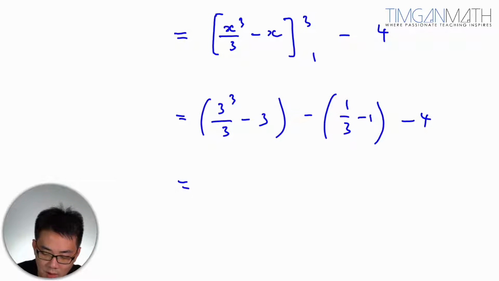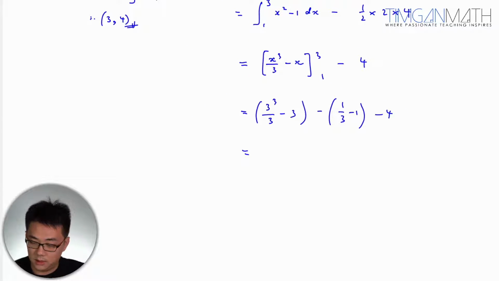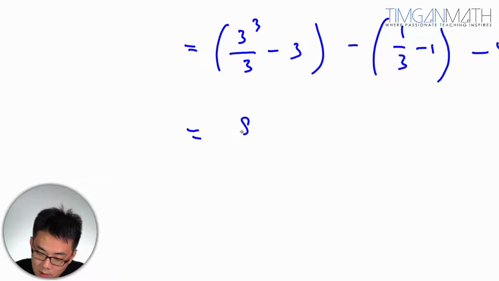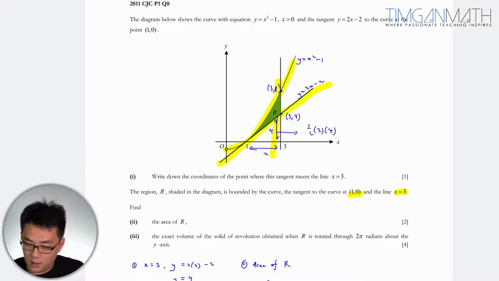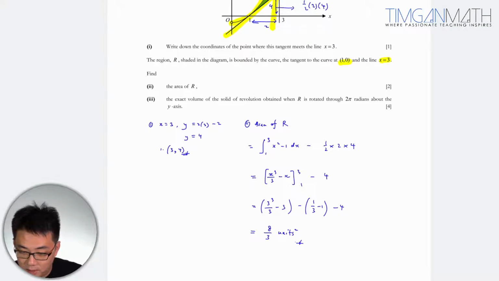Then in the calculator, we get 9 minus 3 minus negative 2/3 minus 4. That will be 8 over 3 square units. That's how you do it. I think the second part is quite fast.